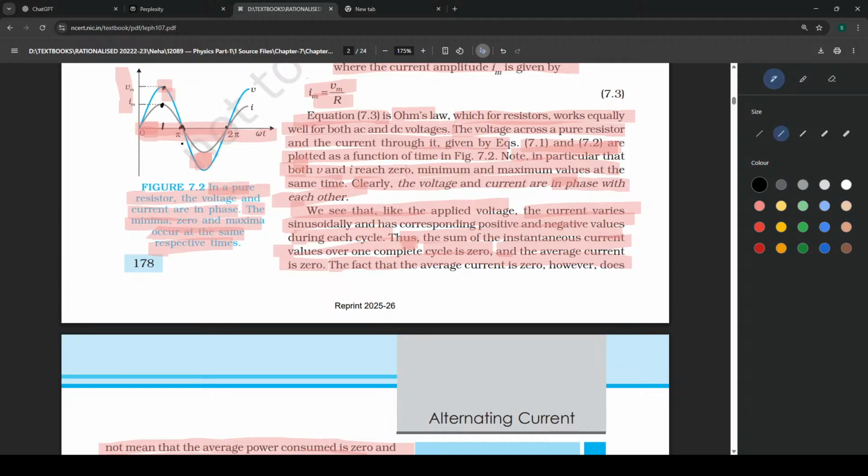But that does not mean that the electrical energy which we consume for making an alternating current flow is 0. That is not the case. There will still be electrical loss. It is just that when we take a full cycle, the average current will be 0.